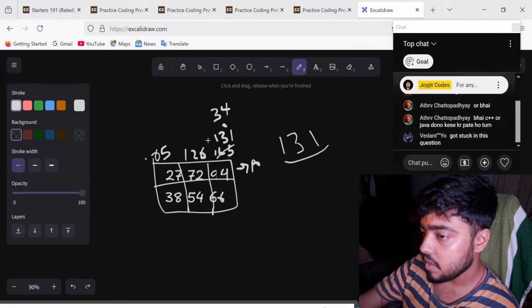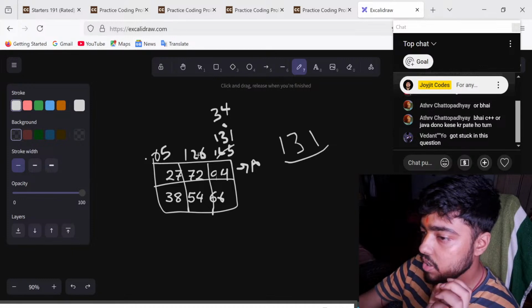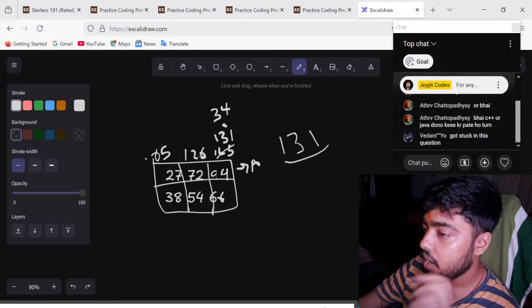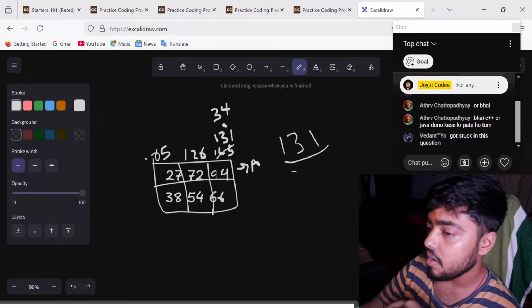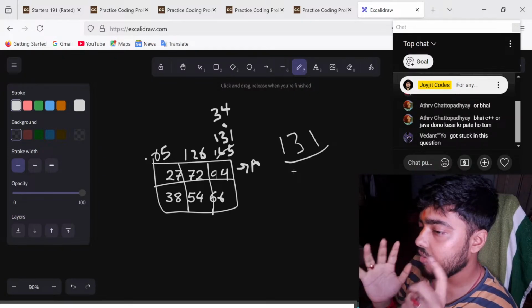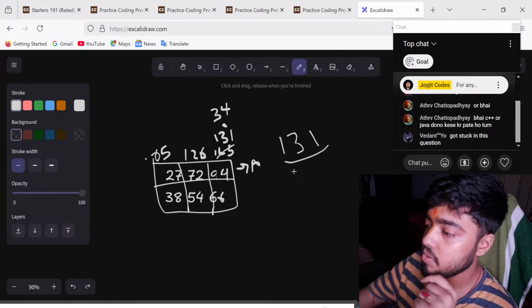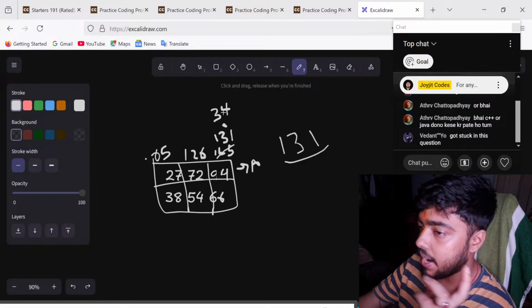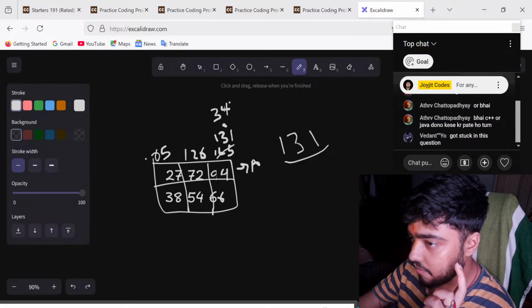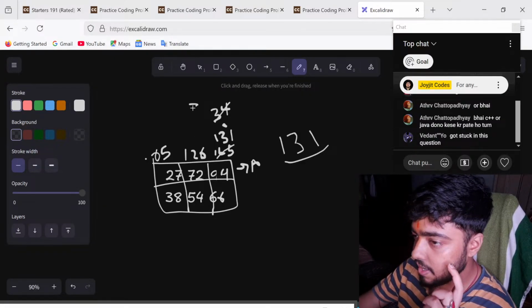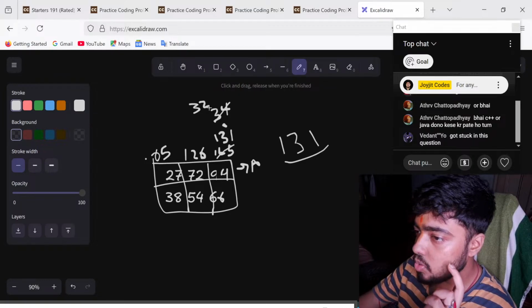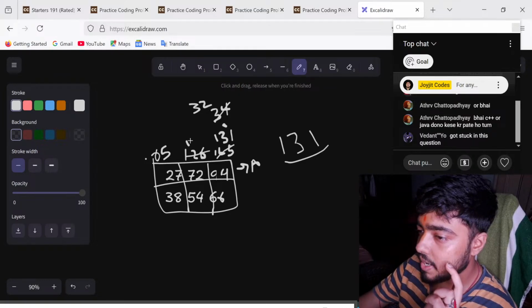So from this 34, see 126 and 131. How can you reach from 126 to 131? You can do 1, 2, 3, 4, two times. You can add plus 2 to it, two times. So from this 34, I can make it 32 and add 2 times plus 2 to it so that it becomes 130.